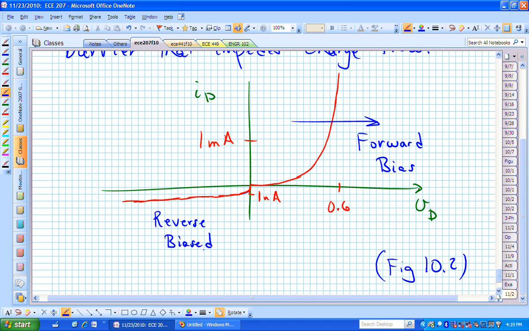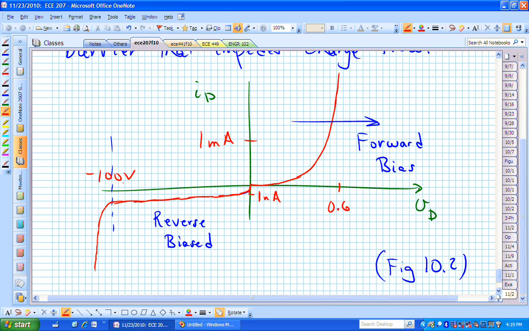Once I reach, and this is not drawn to scale, once I get sufficiently negative across that diode, it's going to give up and start conducting. Well, where does it give up? Quite a ways. I've now really hit this hard, but once I hit it so hard, it's kind of like we finally just give up, right?